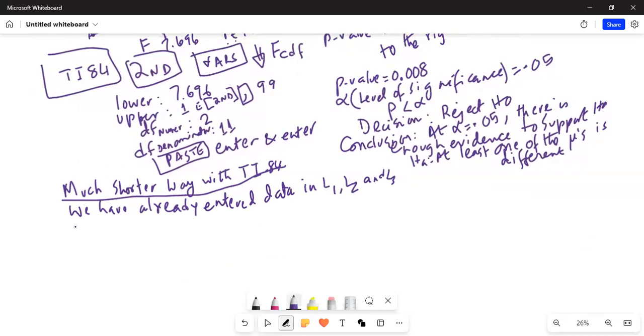Okay. So the next thing we do is press the second key, then VARS key in the third row, then scroll down with the down arrow key to ANOVA.